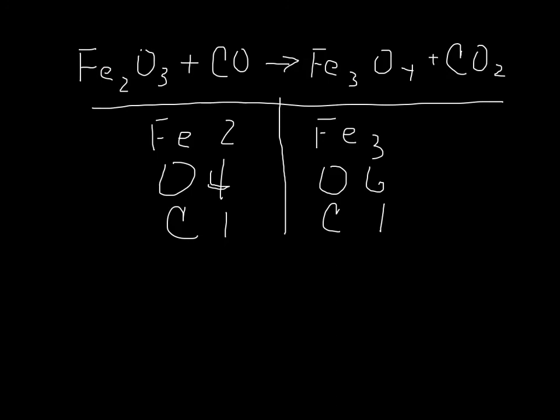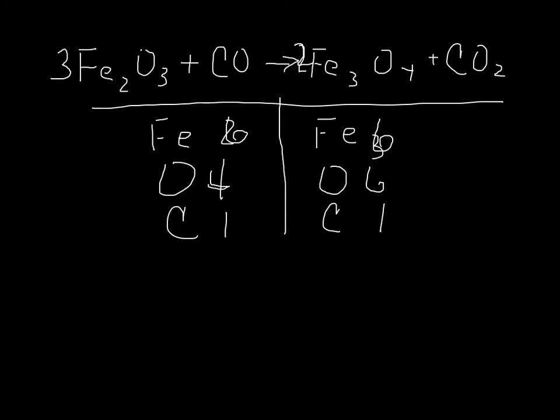So both a 2 and a 3 will go into 6. So I'm going to change a couple of things here. I'm going to put a 3 in front of this iron, and I'm going to put a 2 in front of this iron. So now we have 6 irons over here, and now we have 6 irons over here.